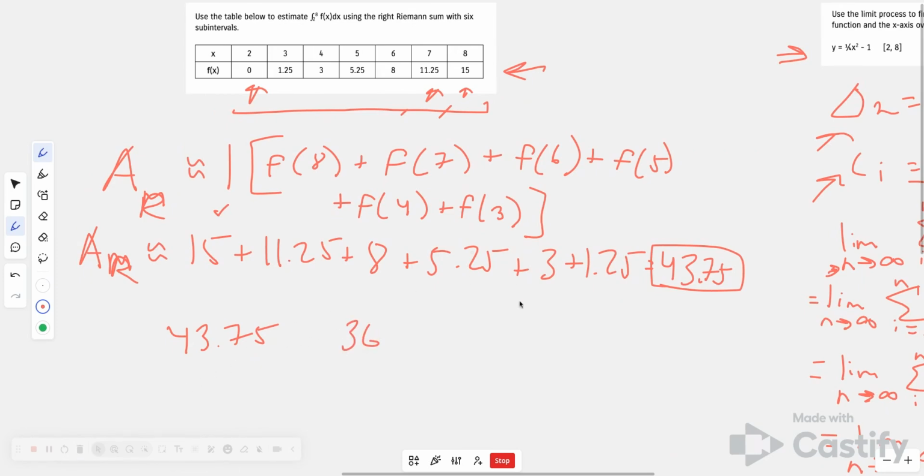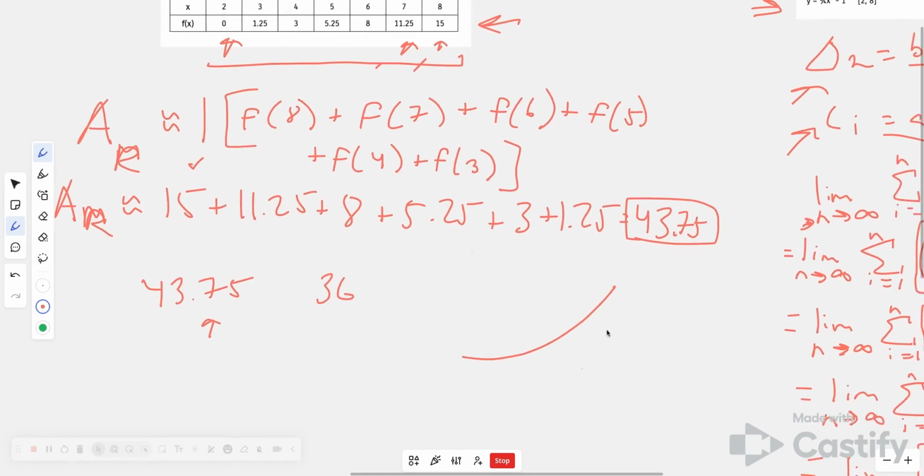So in this case, when the function is increasing, we found that the right Riemann sum overestimates, because if you think about it, if this function looks like this, because it's a positive quadratic, if we're estimating to the right, then we're going to overestimate most of the values, like this.